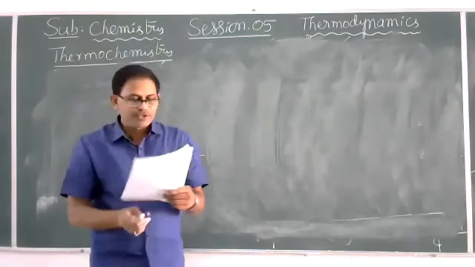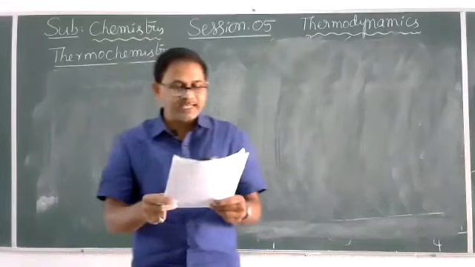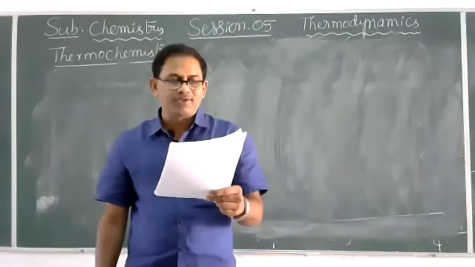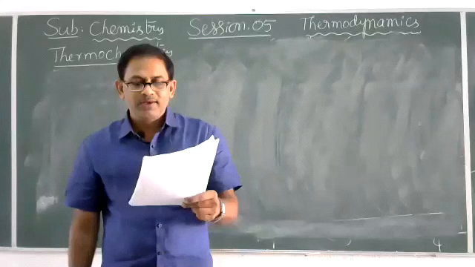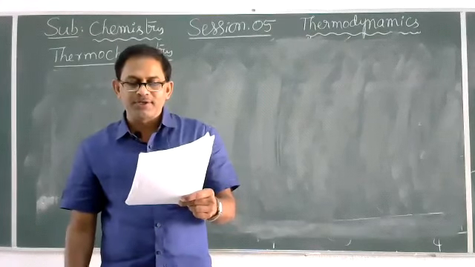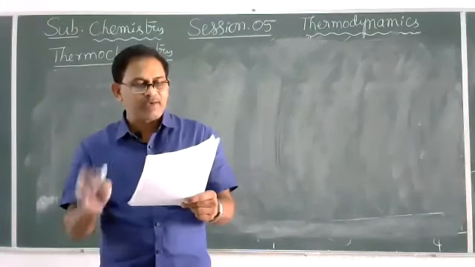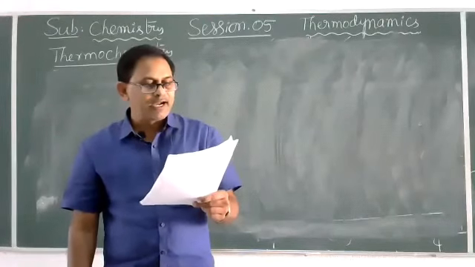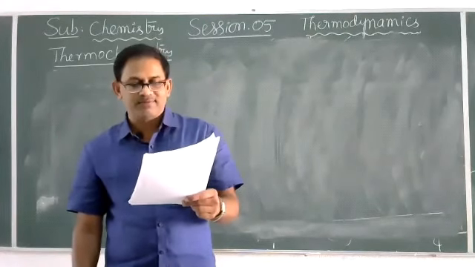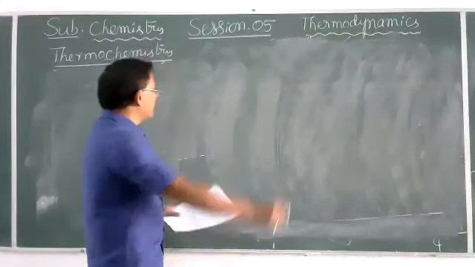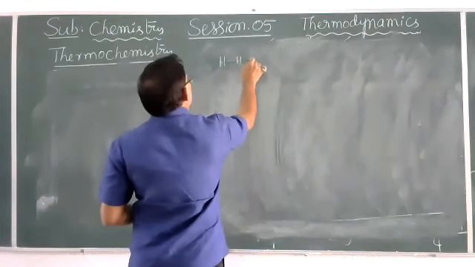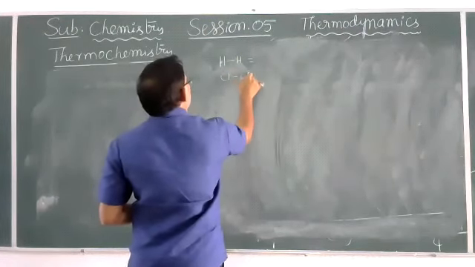See, question number 6. Given that bond energies of H2 and Cl2 are given, and the enthalpy of formation for HCl is given, but there is an incorrect statement, then calculate the bond energy of HCl. For this, the bond energy of hydrogen is given, and the Cl-Cl bond energy is given.